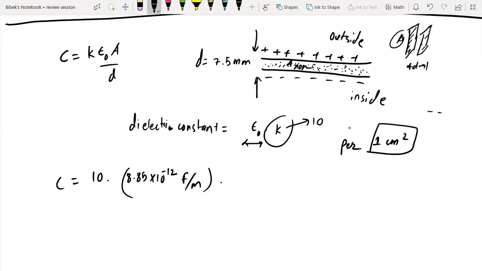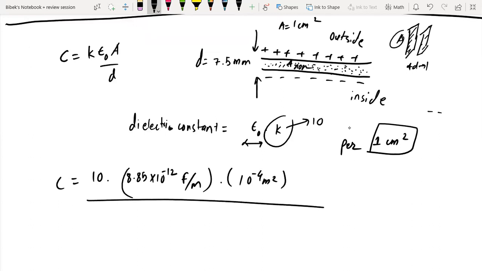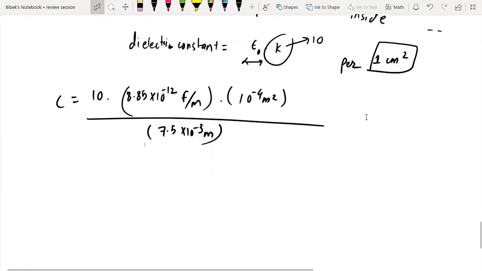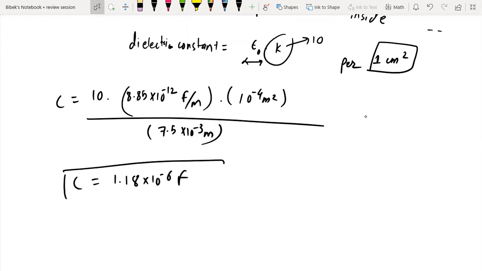When you convert 1 centimeter square, that will be 10 to the negative 4 meter square, divided by d, that's this 7.5 times 10 to the negative 3 meter. If you do the calculation, you'll get this much capacitance. So 10 to the negative 6, you can write it as a microfarad, so 1.8 microfarad, okay.